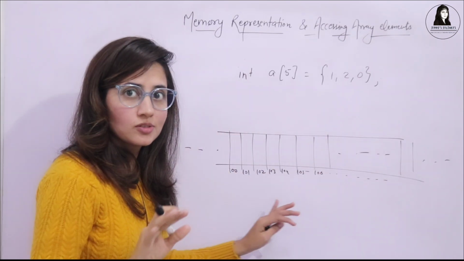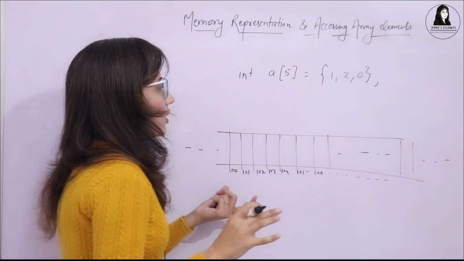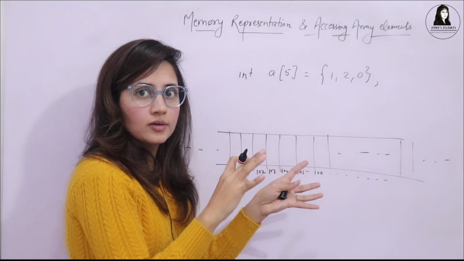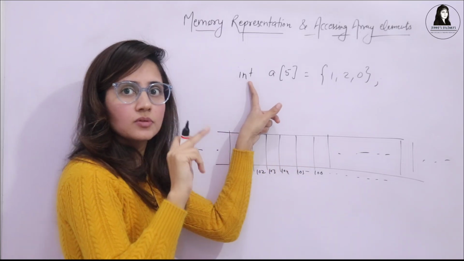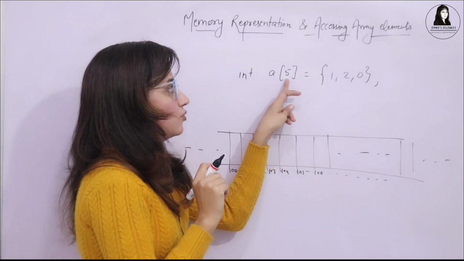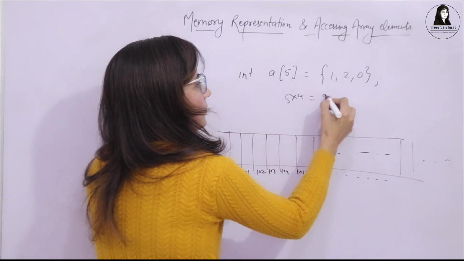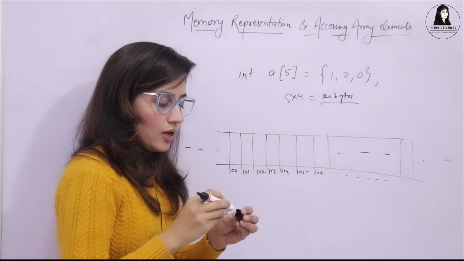I don't know the address, I'm just supposing the address of each byte, right? Now how much memory to be allocated first? This would be calculated, right? So the type is integer, it will take 4 bytes, and the size is 5, so 5 into 4, 20 bytes would be allocated by the memory manager, right?